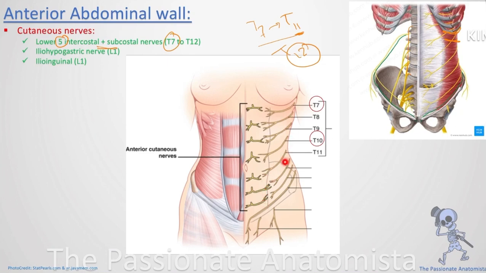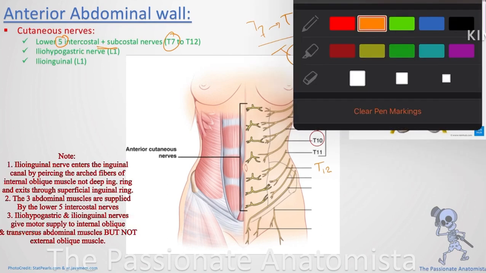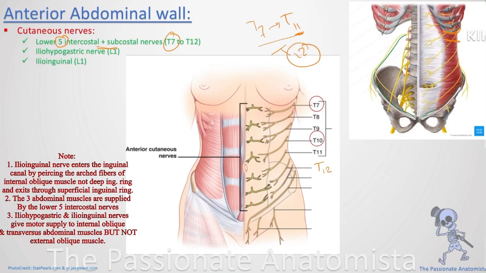If this is the lower 5 intercostal and I have this subcostal, which is T12, then I have the iliohypogastric, which comes first. So this is iliohypogastric. It goes all the way to the hypogastric region. And the one that goes in the canal to supply structures here, I call it ilioinguinal.